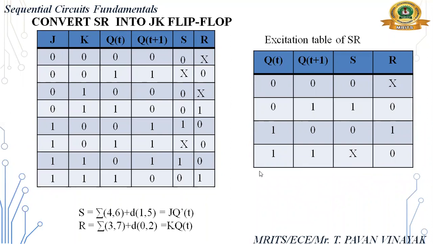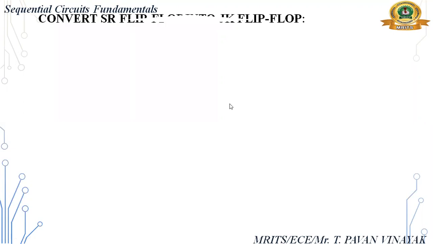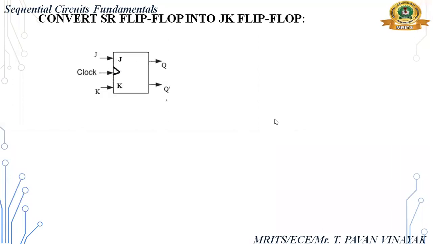So now you have to draw the final circuit. How to draw the circuit? Let us see. This is the JK flip-flop, right? Now I am converting SR into JK. So first draw the SR flip-flop.